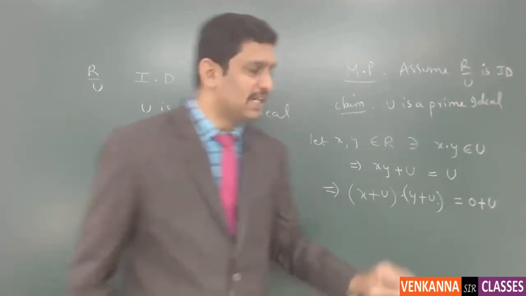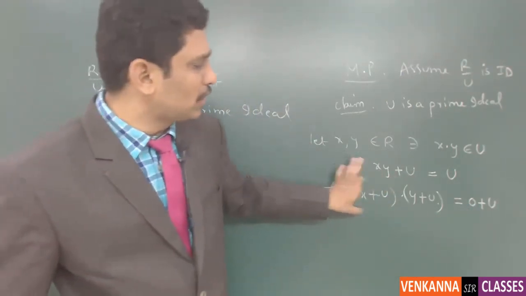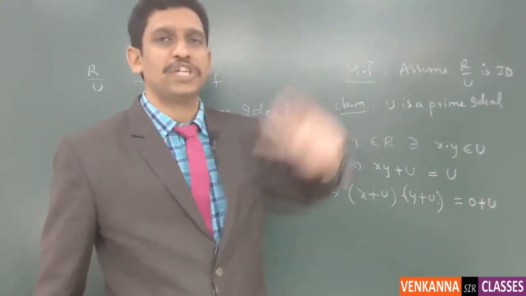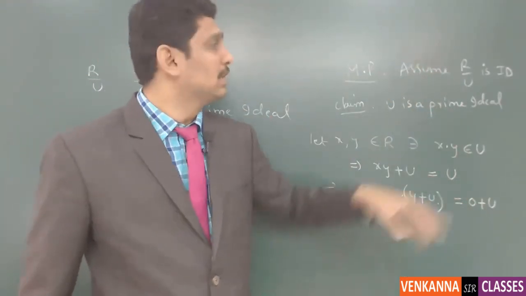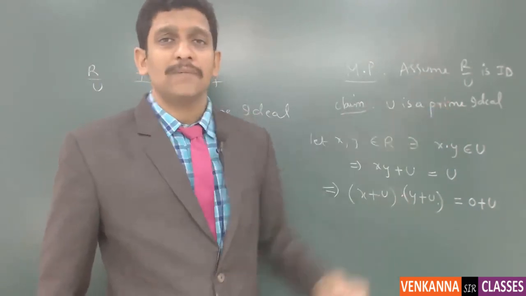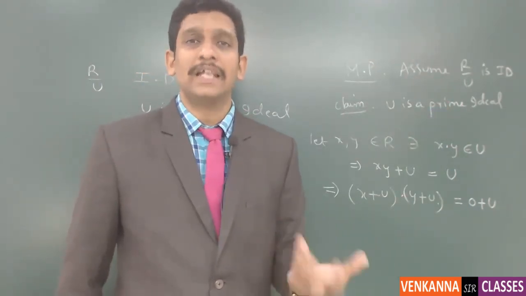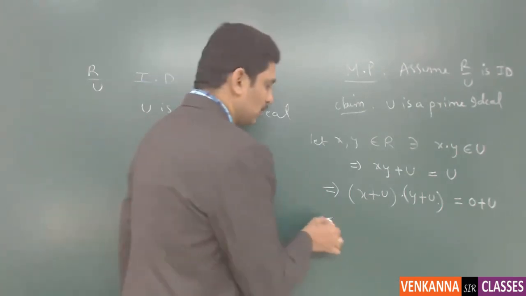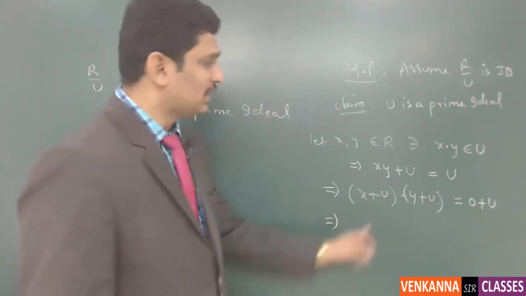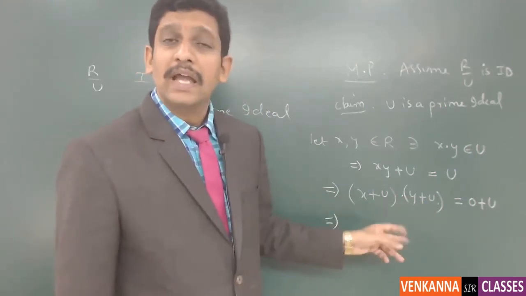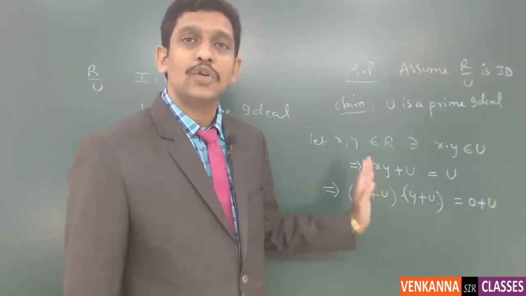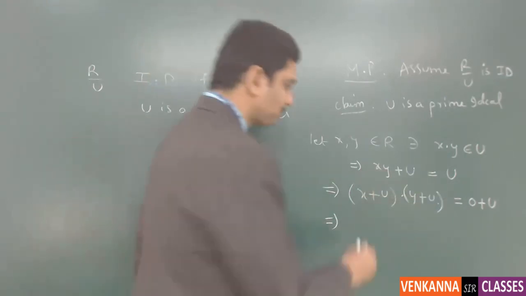So the product of two values is giving 0 in the quotient ring R by U. As we supposed that R by U is an integral domain, it has no zero divisors. So whenever the product becomes 0, either of the values must be 0, because it has no zero divisors.